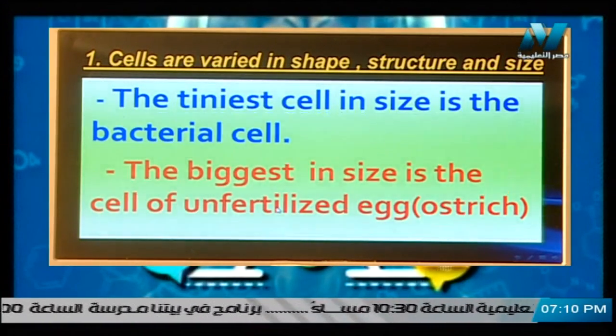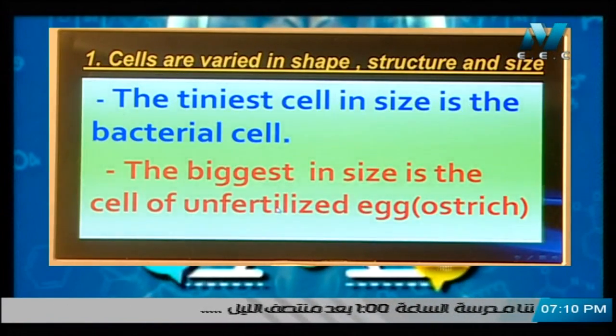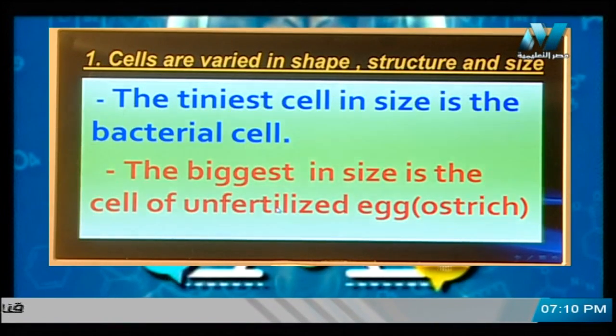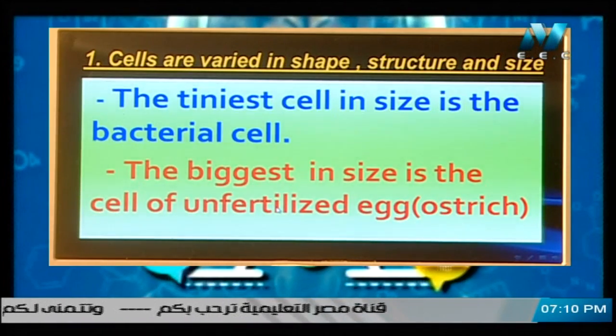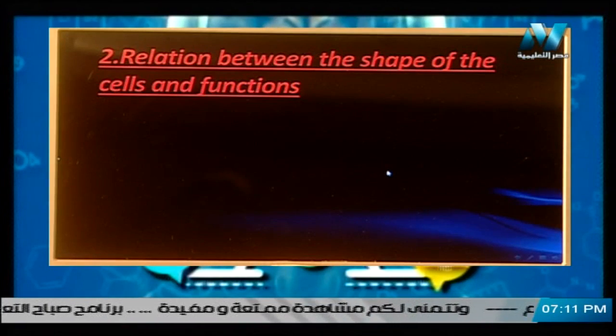Okay? The smallest one we call bacteria, and the biggest one we must call the ostrich egg, which is unfertilized and has no division inside it. Because once the cell begins division, its size begins to change.